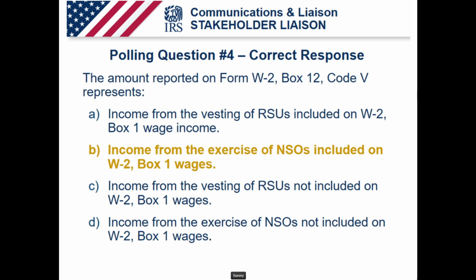And then the spread will also be shown in box 12 with the code V for Victor. So in box 12, the code V is for non-qualified stock options.